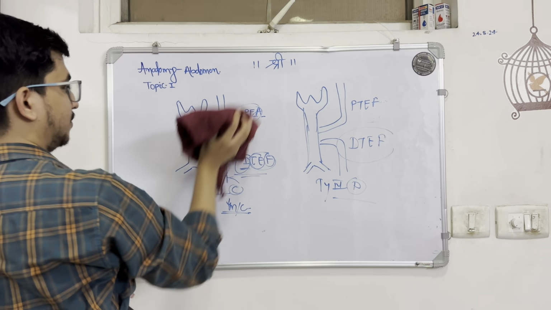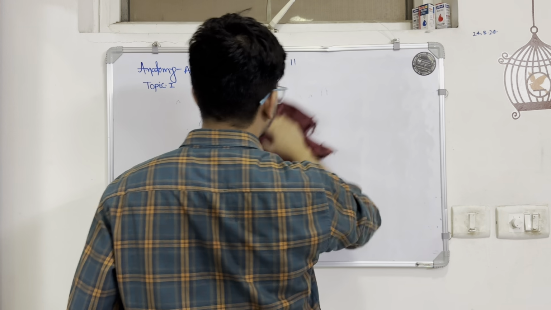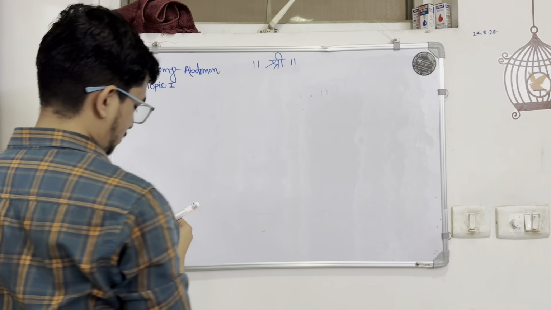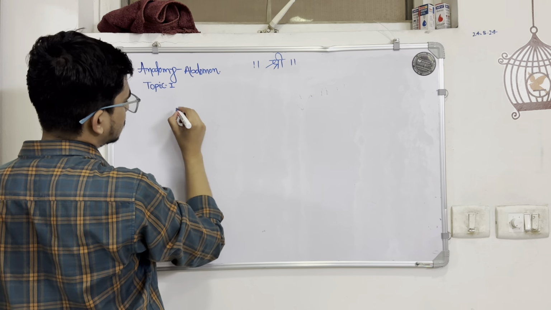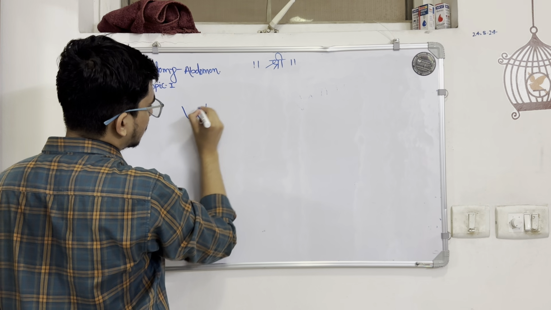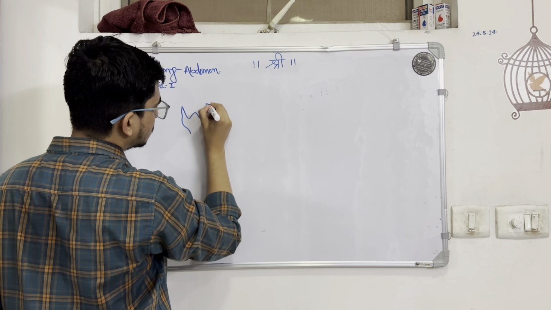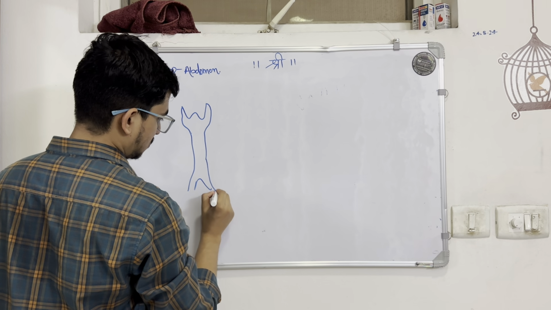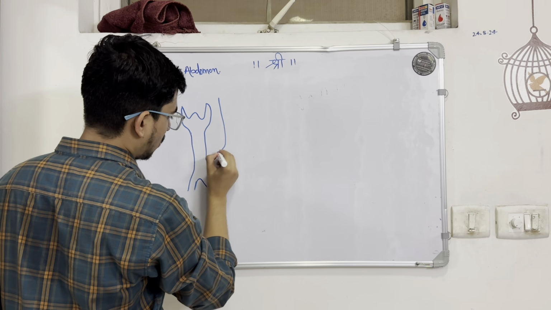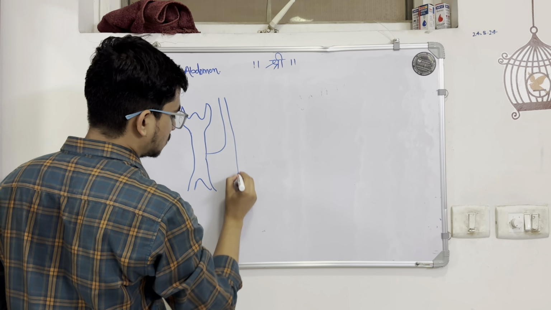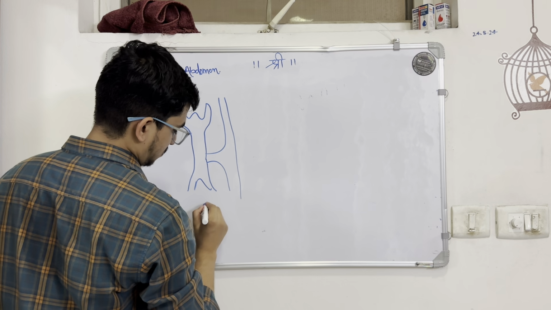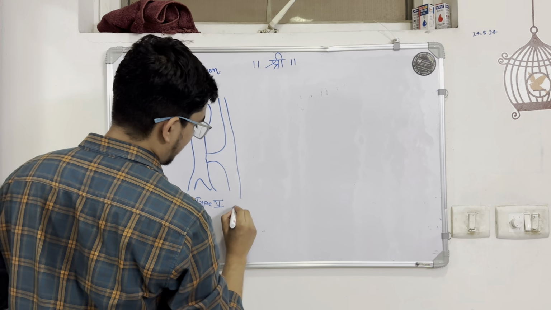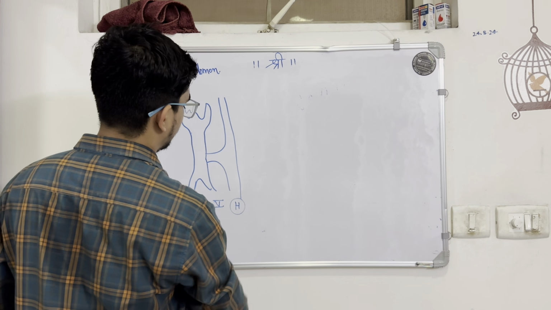Coming to the next, fifth and sixth. Fifth is trachea. There is formation of a common tracheoesophageal fistula. Type 5, type E, is also called H type tracheoesophageal fistula.